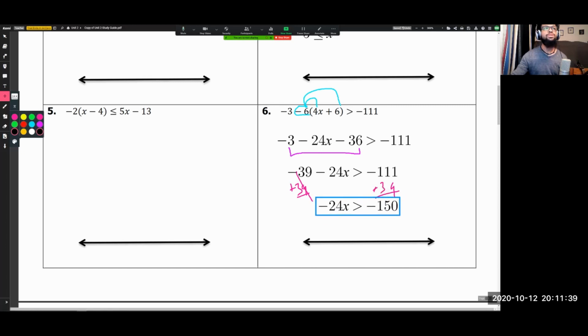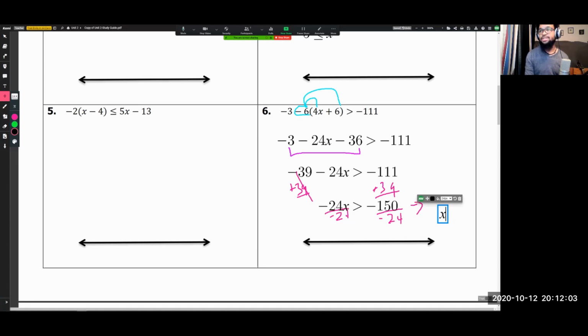And now I'm going to solve like normal, divide by -24 on both sides. And I'm actually just going to go this way, so I don't have much space at the bottom. And I have x.